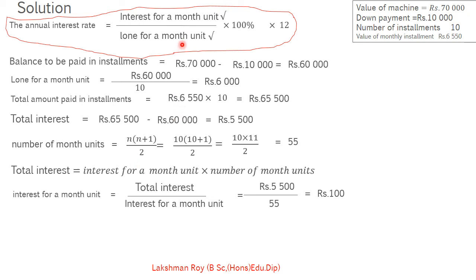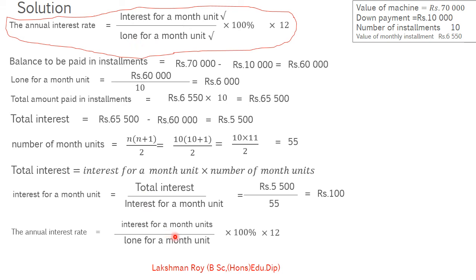Now we have already found the interest for a month unit, right? So now you can use this formula: annual interest rate is the interest for a month unit divided by the loan amount for a month unit, multiplied by 100, and then again by 12.